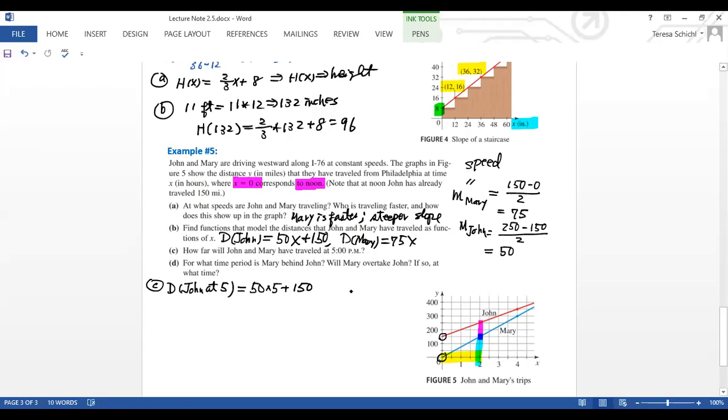John has already traveled 400 miles. Now how far does Mary travel at 5? Mary's is 75 times 5, so Mary traveled 375 miles.